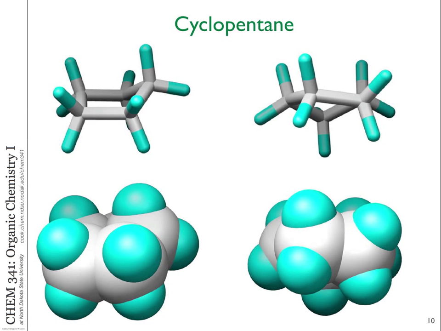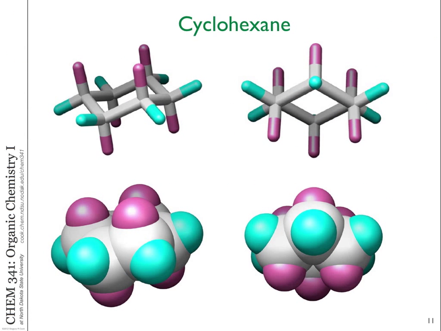When we get to the six-membered ring, that's when everything aligns in just the right way to relieve all the torsional strain and all the angle strain. So the six-membered ring, in its most favorable conformation, adopts this structure, often referred to as a chair conformation because it looks kind of like a chair.